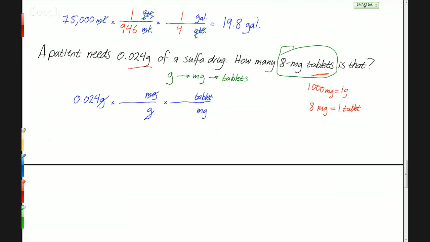Grams cancel, milligrams cancel. Now we just need to fill in the numbers. Between milligrams and grams, there are 1,000 milligrams in 1 gram. Our first factor tells us that. And between tablets and milligrams, our factor tells us there are 8 milligrams in each tablet. So our final unit that is not canceled is going to be tablets.